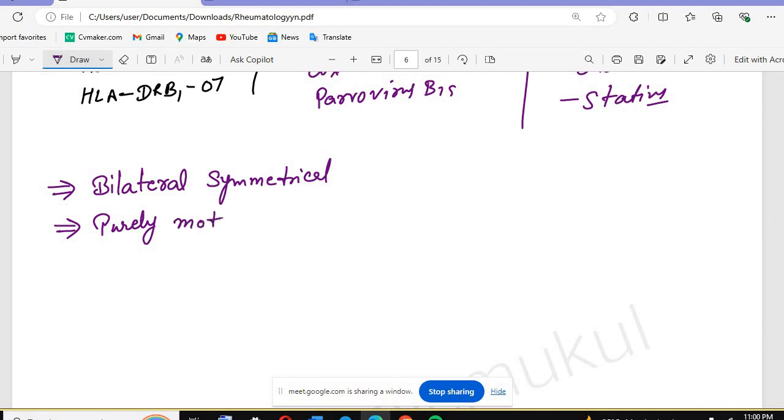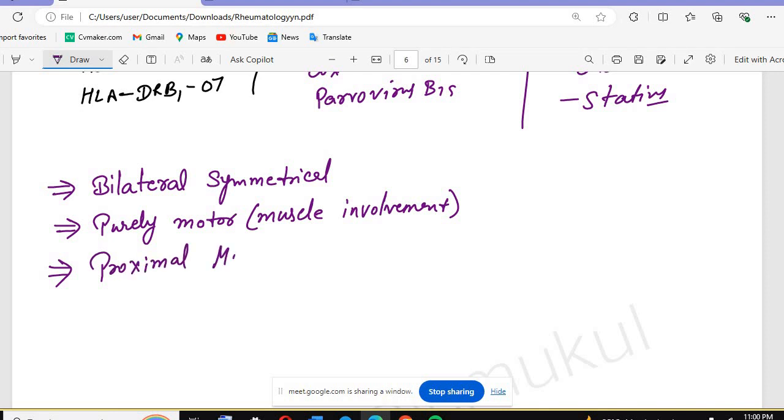Only and only motor will be affected. So muscle involvement, of course, would be there, and the proximal muscles would be affected.